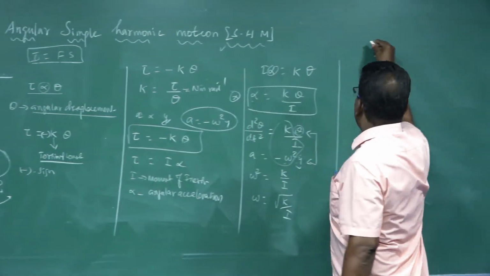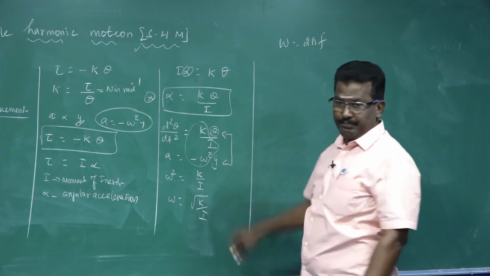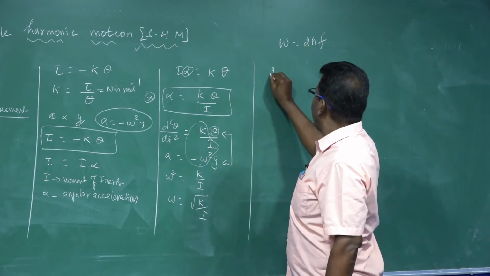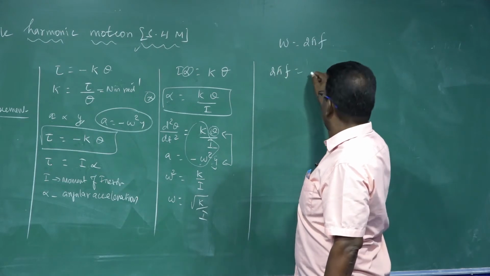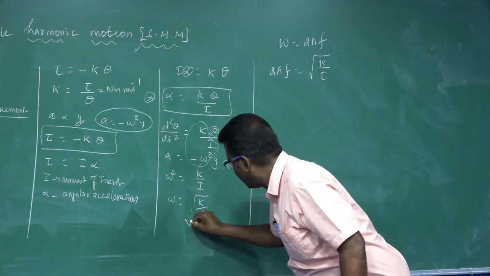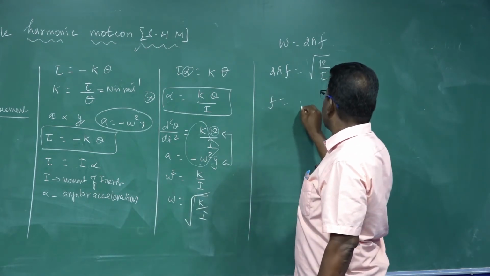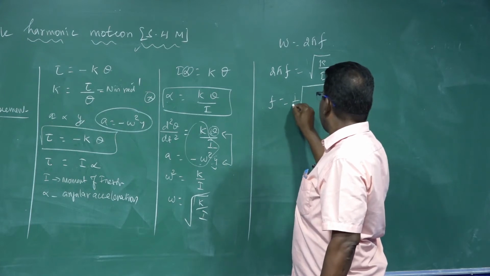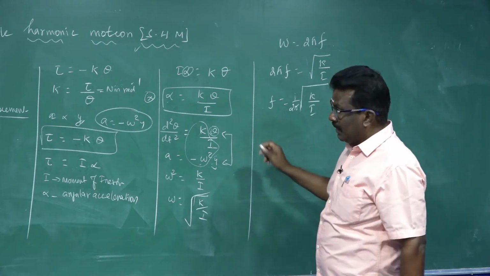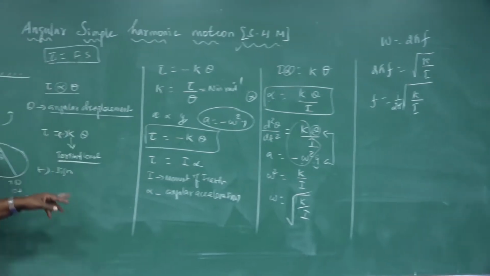We know that omega is equal to 2 pi f. So 2 pi f is equal to root of k by I. So frequency f is equal to 1 by 2 pi root of k by I. This is the frequency produced by the rigid body rotating through a certain angle, that is, how many rotations are produced in a certain time.